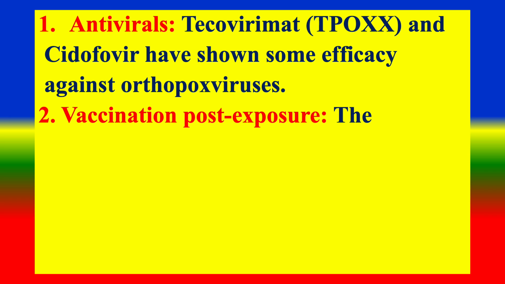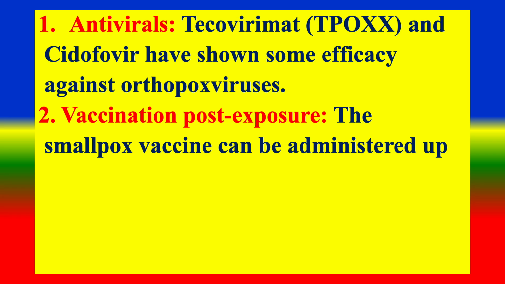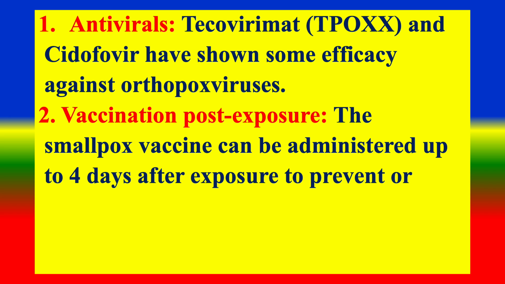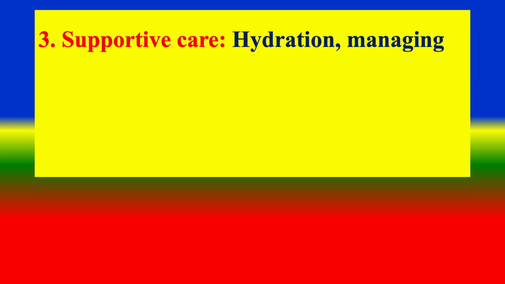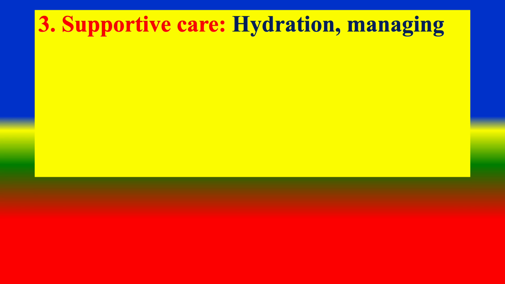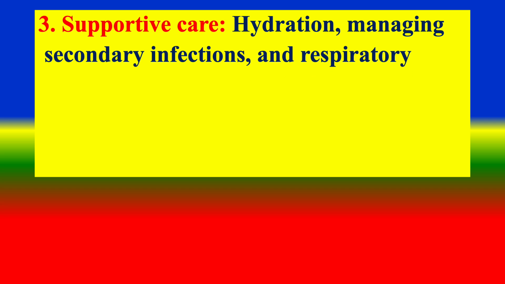Vaccination post-exposure. The smallpox vaccine can be administered up to 4 days after exposure to prevent or reduce the severity of the disease. 3. Supportive care, hydration, managing secondary infections, and respiratory support if necessary.